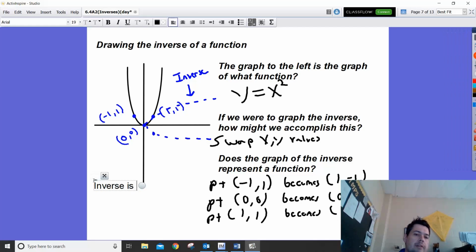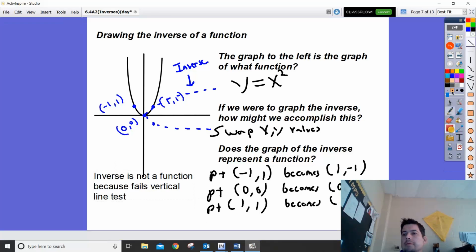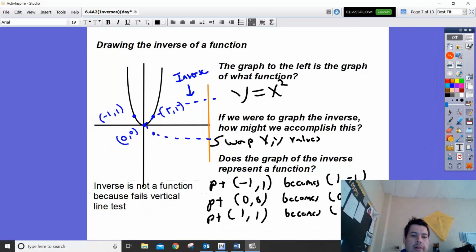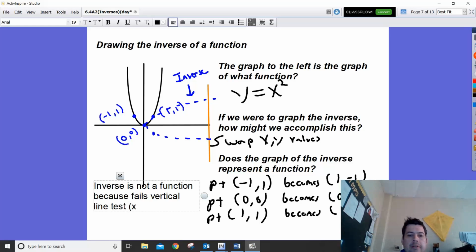The inverse is not a function because it fails the vertical line test, as Sean said. Which it does. Vertical line hits it twice, because the x's have 2 y's. That's not allowed to happen and be a function.